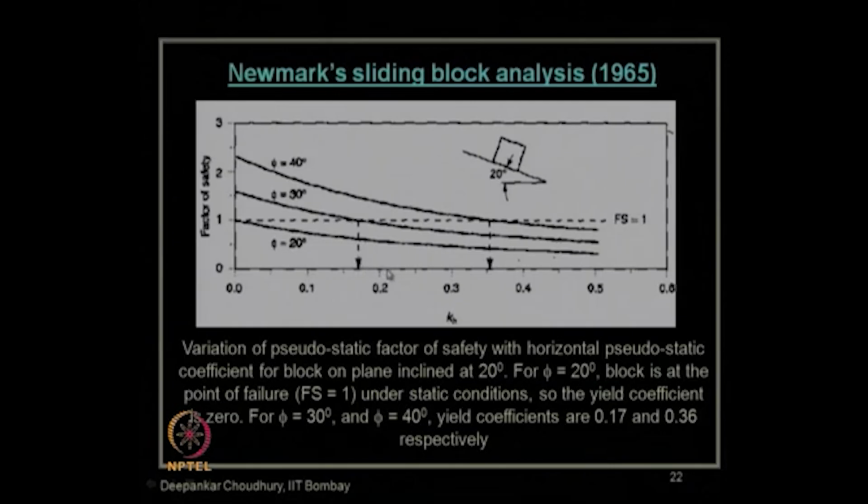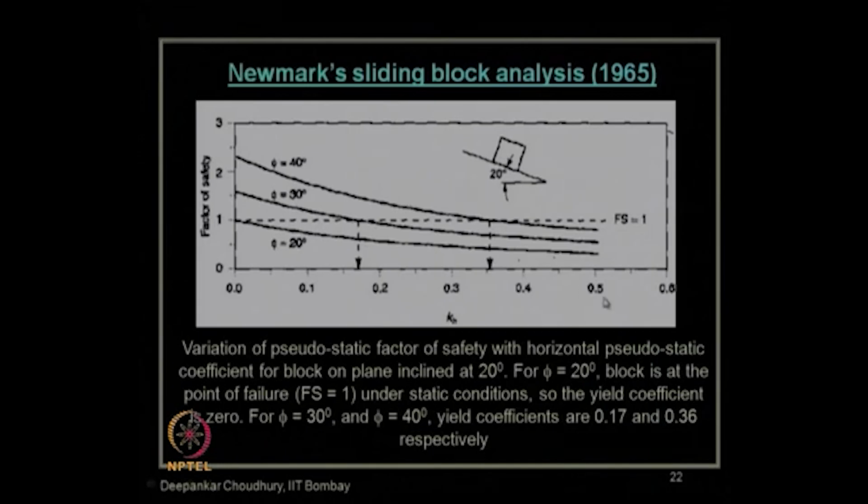But beyond that, if your acceleration is there, in that case its factor of safety will be less than 1. In that situation, it will be having displacement. That displacement you can compute using Newmark's approach. And this value, where the factor of safety equals to 1, is nothing but your yield acceleration.